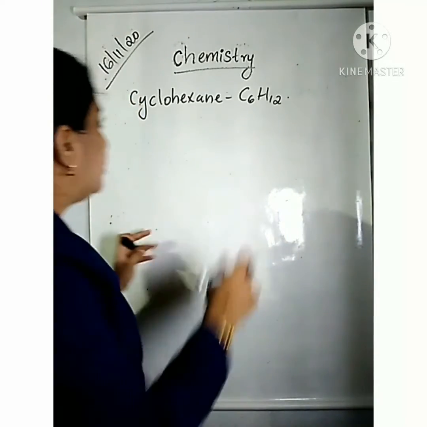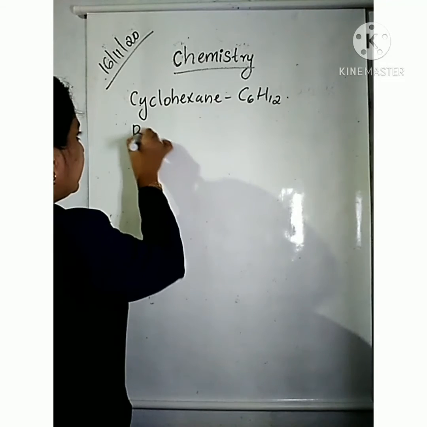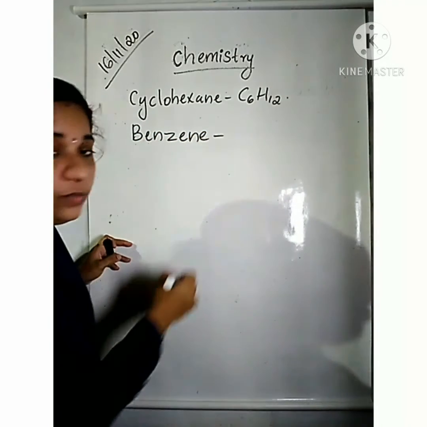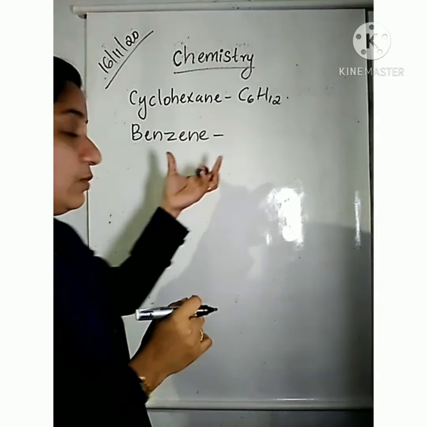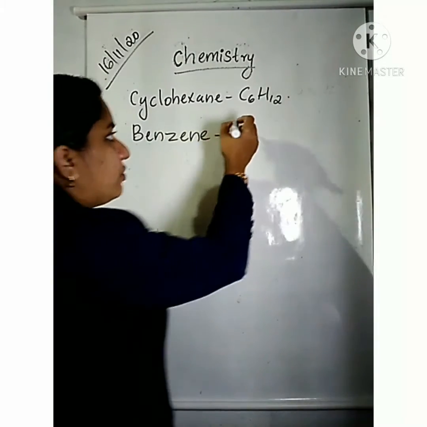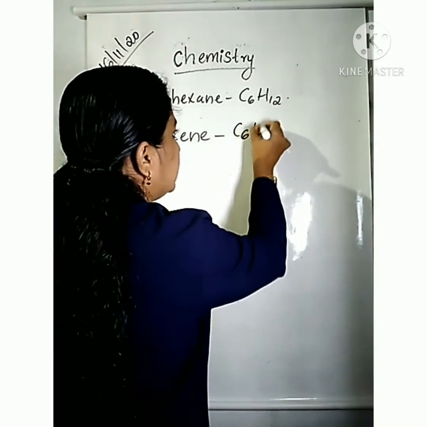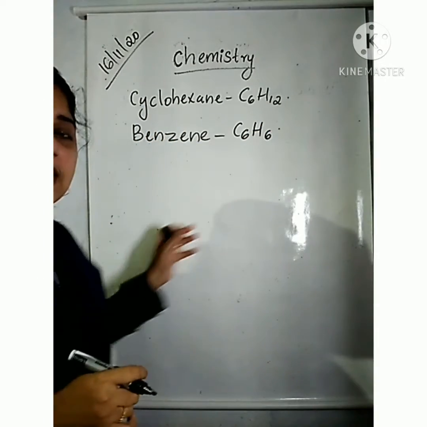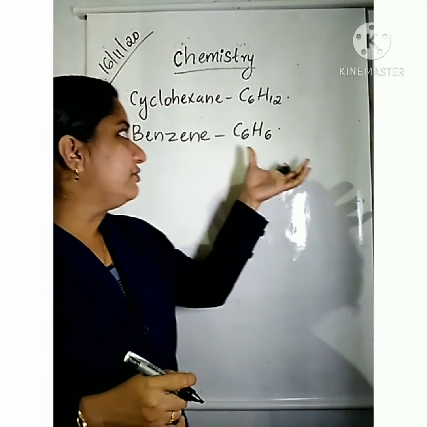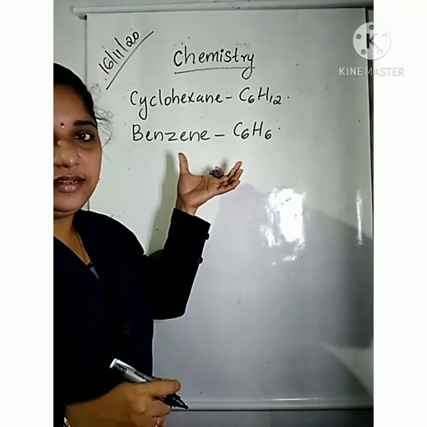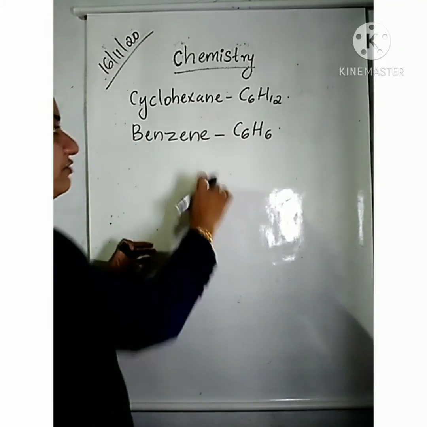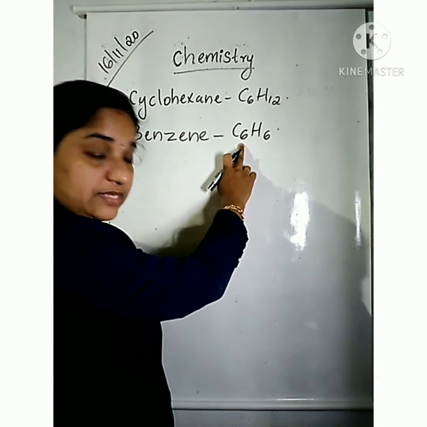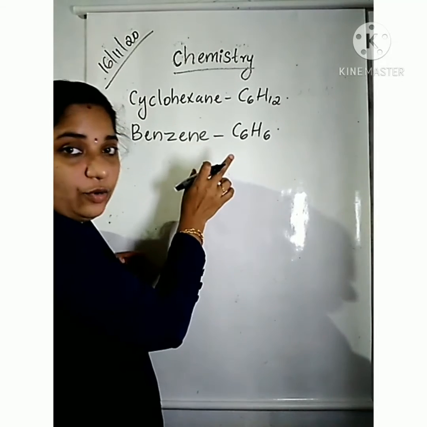But another compound is benzene. It is also a ring compound, but its molecular formula is C6H6. This is the molecular formula of benzene. We can draw the structure of benzene. First of all, how many carbon atoms are present here? 6. It is a ring compound.